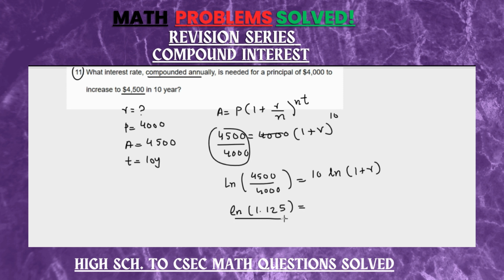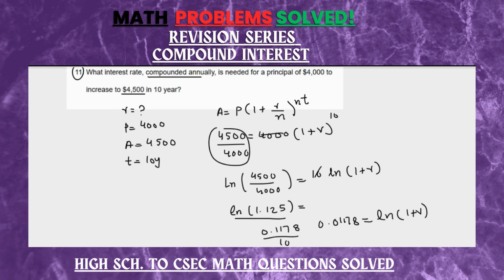You will get an option on your calculator to find the natural logarithm of 1.125. It will be something like 0.1178. Then you have to divide it by 10. You will get rid of this 10, so divide the answer by 10. You will get 0.01178 equals ln(1 plus r).